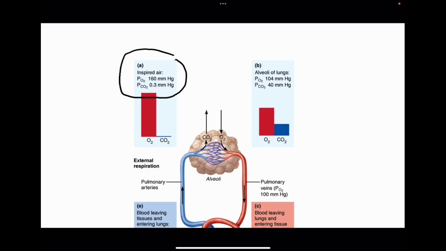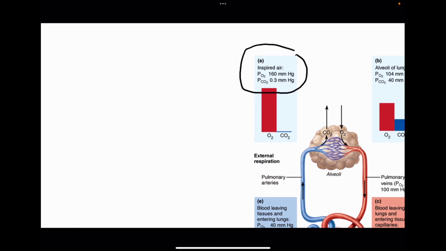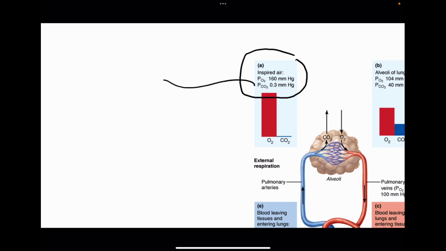The partial pressure of CO2 in the atmosphere that you bring in is 0.3 millimeters of mercury. And I'm okay if you round this 0.3 to be about 0 millimeters of mercury. I'm okay with that. Whichever one is easier for you to memorize.